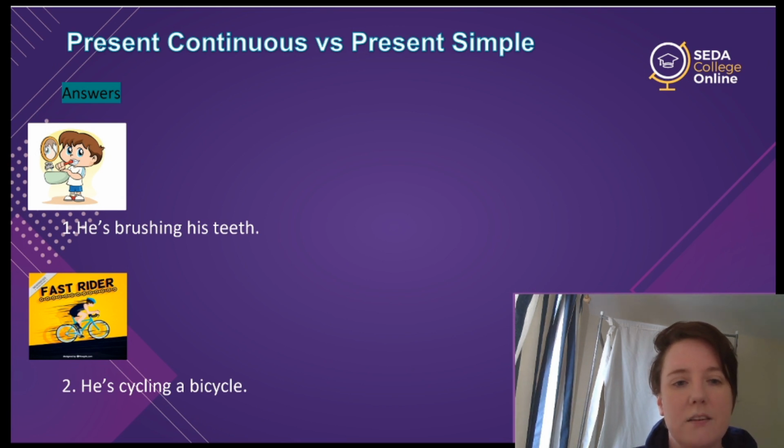Number 1, he's brushing his teeth. Okay, so he's brushing his teeth. 2, he's cycling a bicycle. That's number 2. He's cycling, just remember, he's cycling a bicycle.